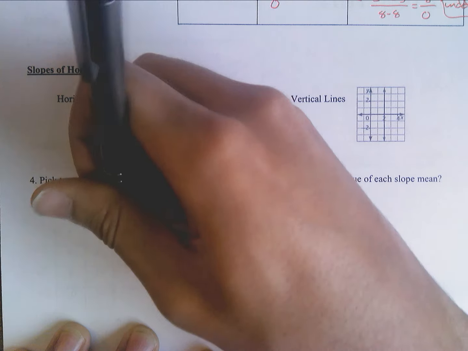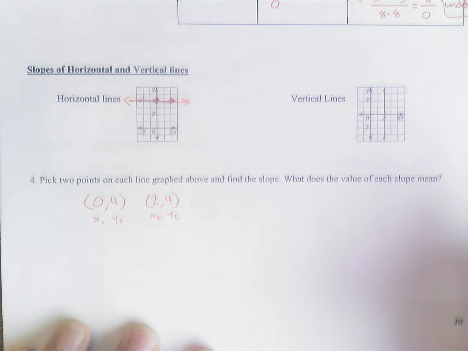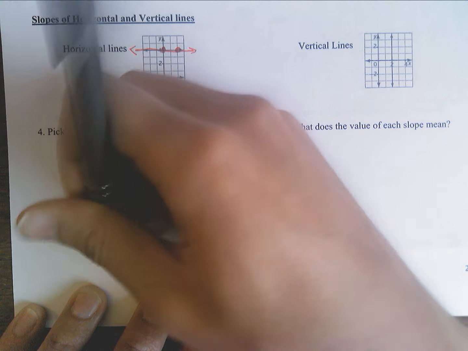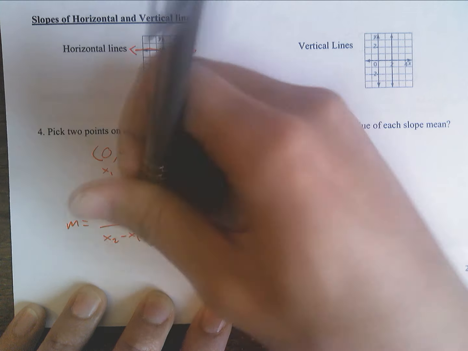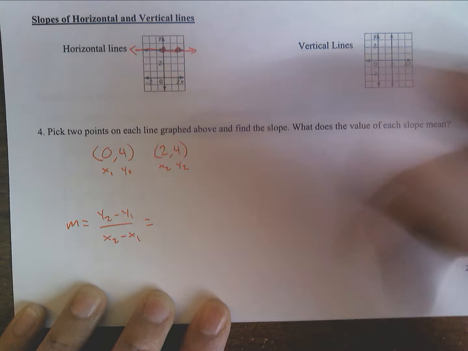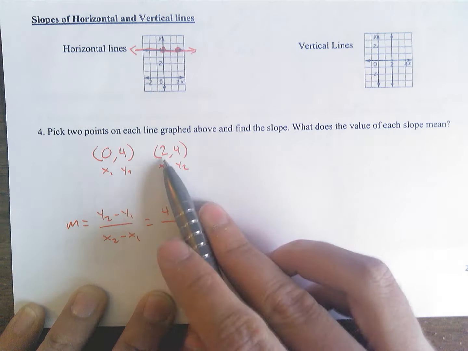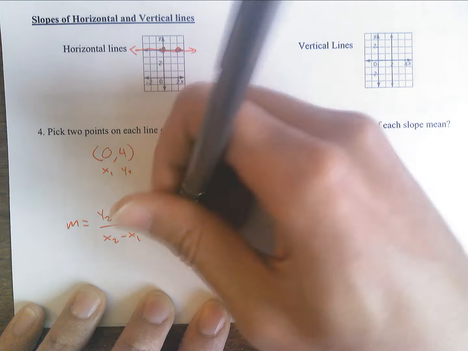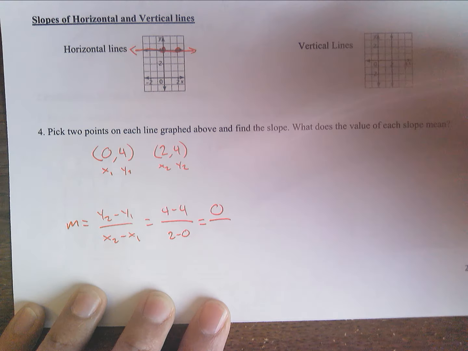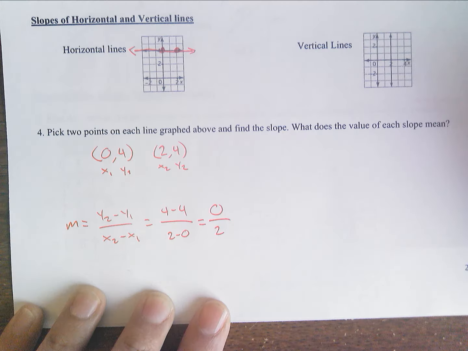Well, let's go ahead and find the slope. So let's label these x1, y1, x2, y2. So plugging it into our formula, m equals y2 minus y1 over x2 minus x1. We get 4 minus 4 over 2 minus 0. Well, 4 minus 4 is 0. 2 minus 0 is 2. 0 over 2 is 0.